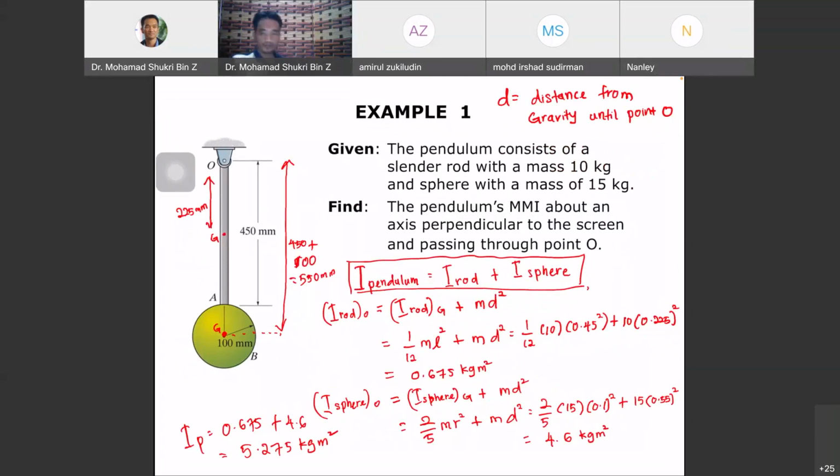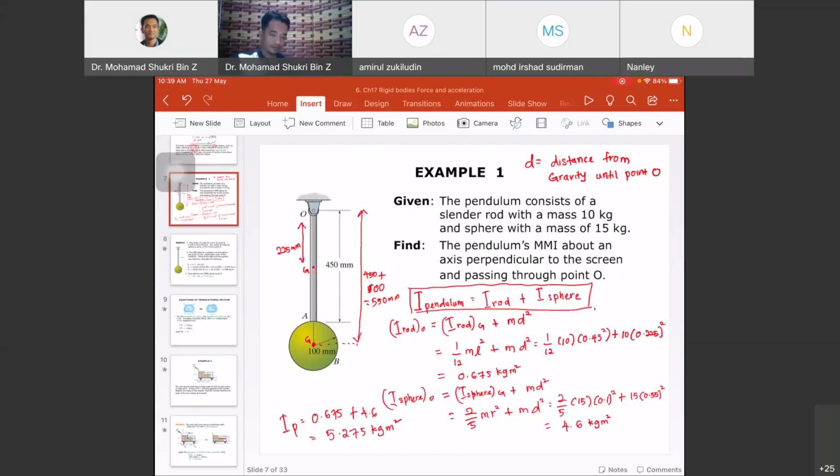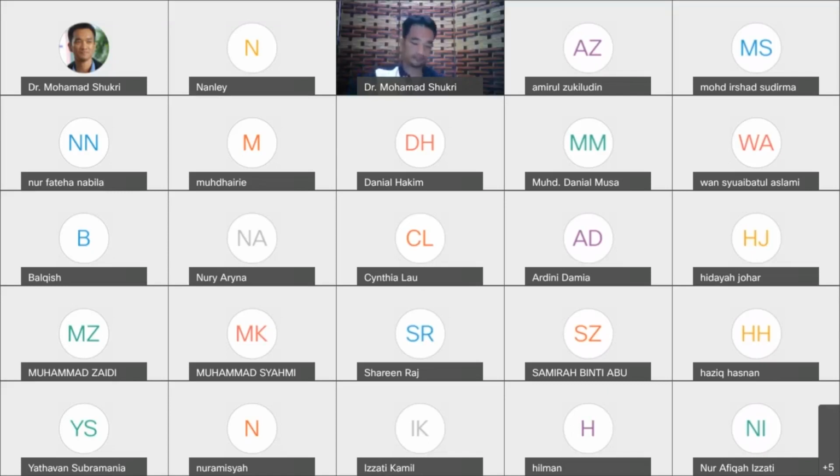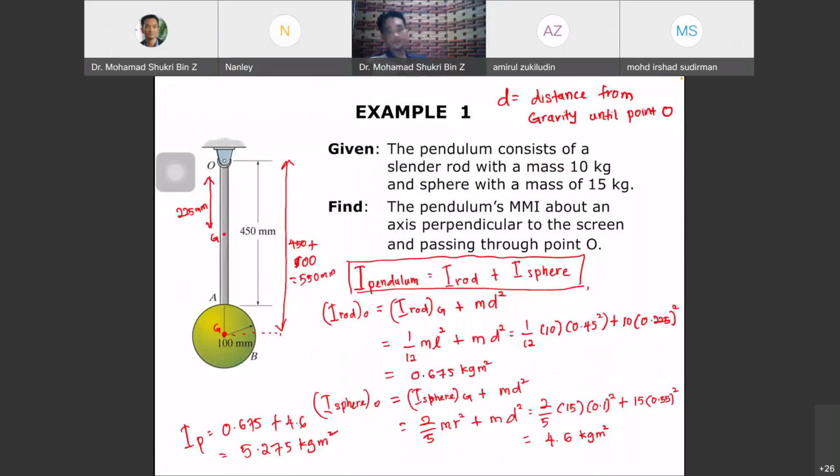Okay. Kejap, hang pula dah. Sekejap. Alright, ada soalan lagi. So D tu bukannya diameter lah.